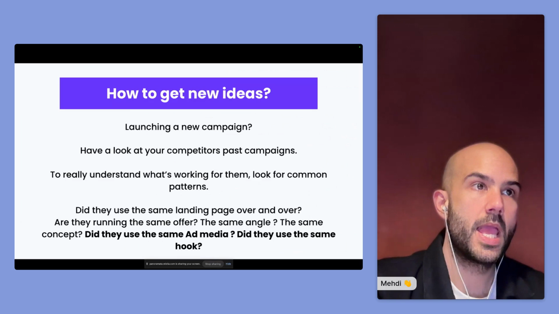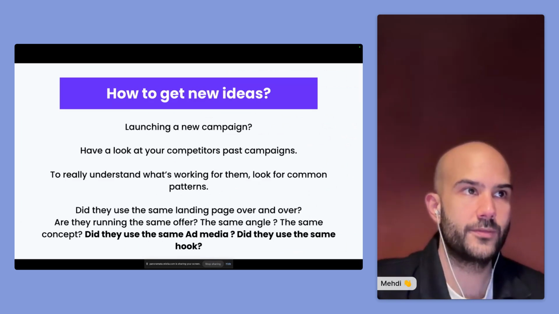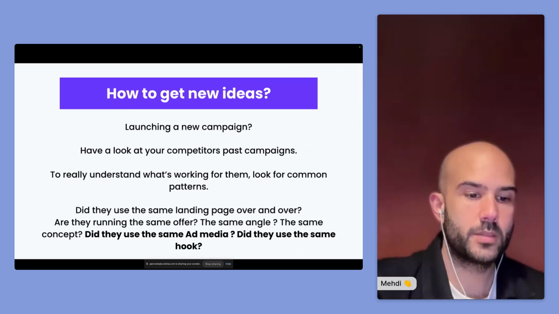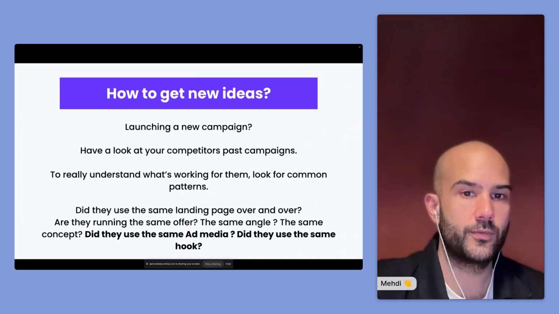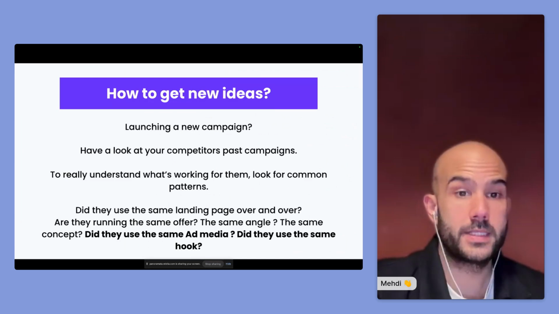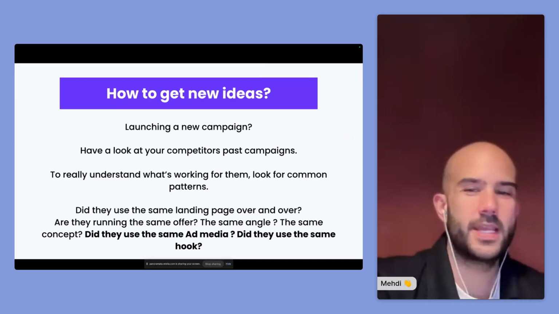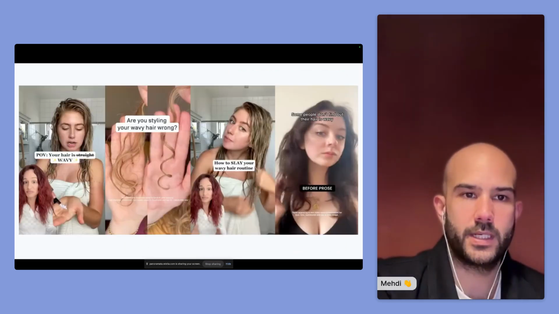With that in mind, it's going to be super easy for you to identify right away which kind of ads they're publishing and what's working for them.